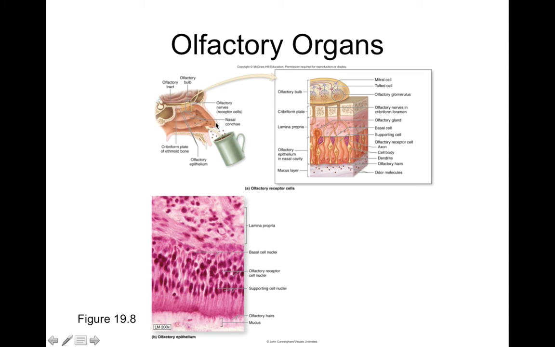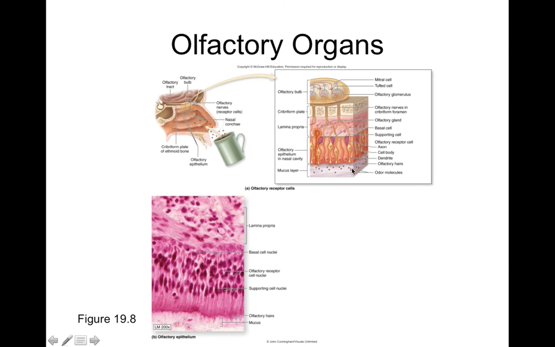So if we look at the olfactory system, basically at the superior part of the nasal cavity here, we have an olfactory epithelium. If we zoom in on that olfactory epithelium, it's what we see over here. So this olfactory epithelium has things like mucus cells and olfactory sensory neurons, basal cells, and supporting cells. And in the superior part of the nasal cavity, we have a mucus layer.